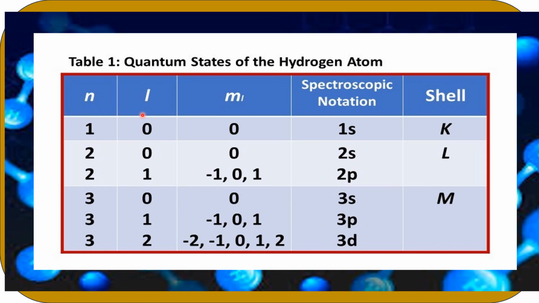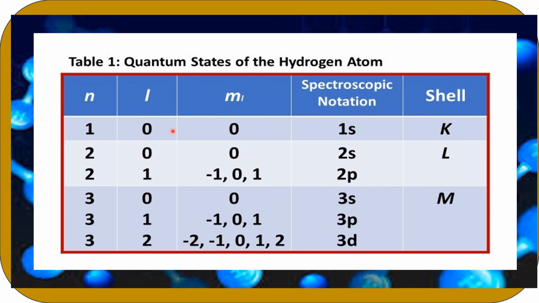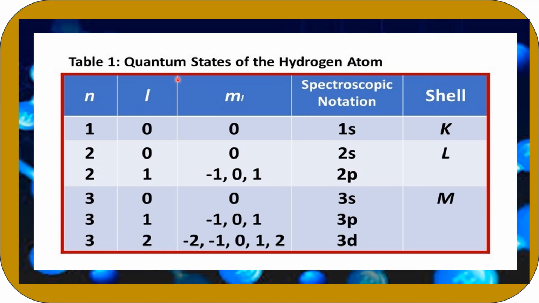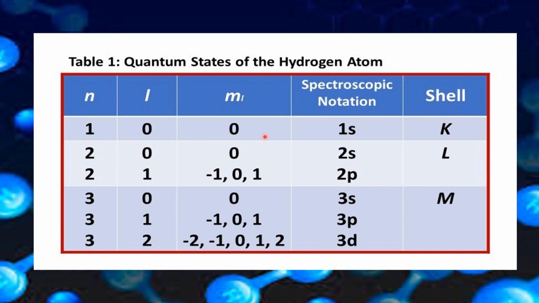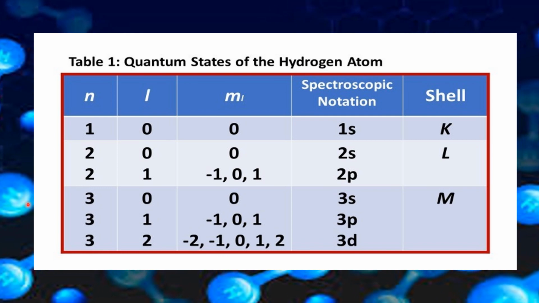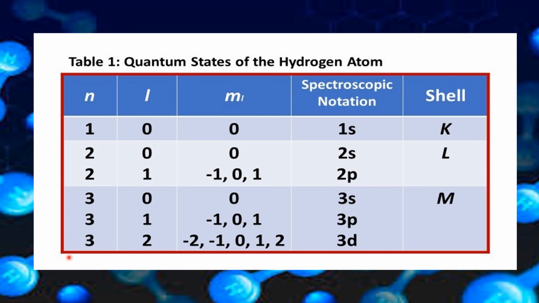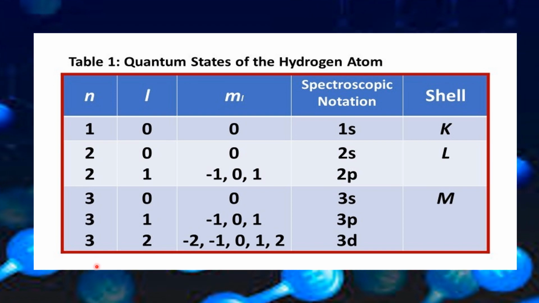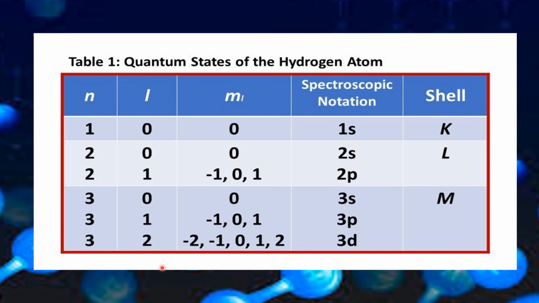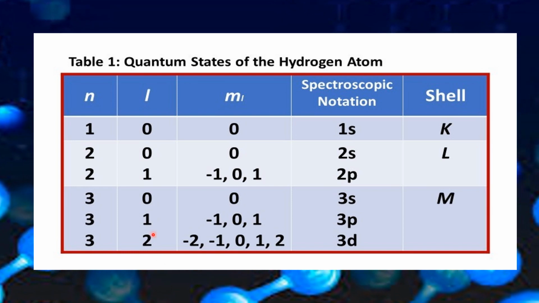Before we answer the question, let's first look at this table. This is a table showing the quantum states of the hydrogen atom. For the first three energy levels or principal quantum numbers 1, 2, and 3, we have their corresponding number of energy sublevels, also known as the orbital quantum number, denoted by small letter l.